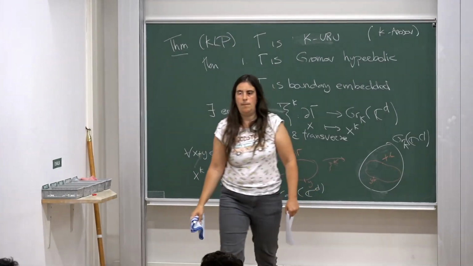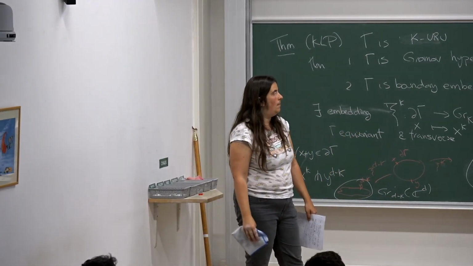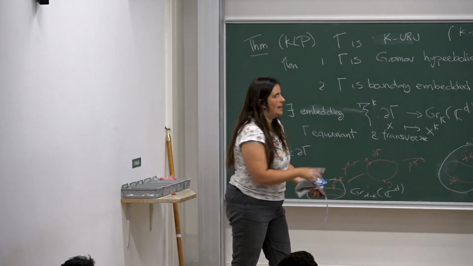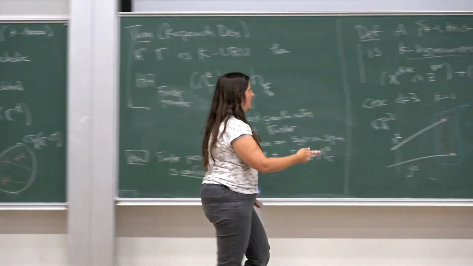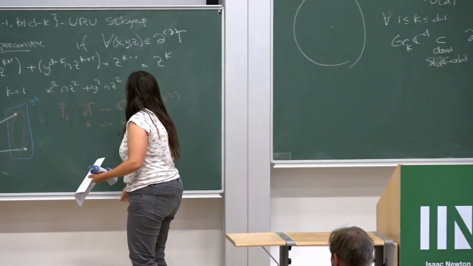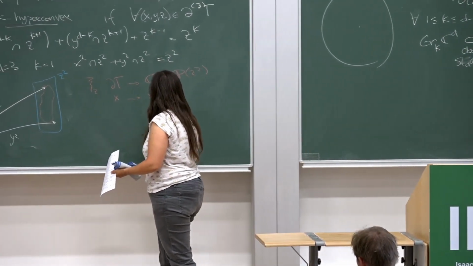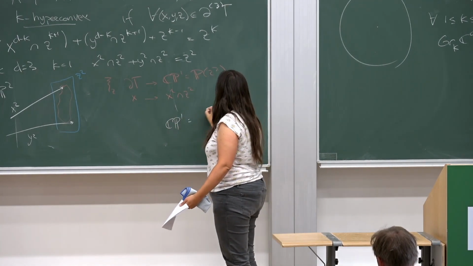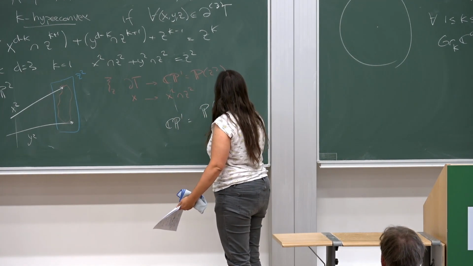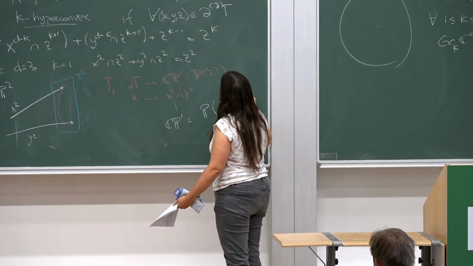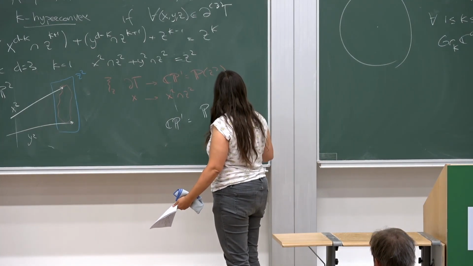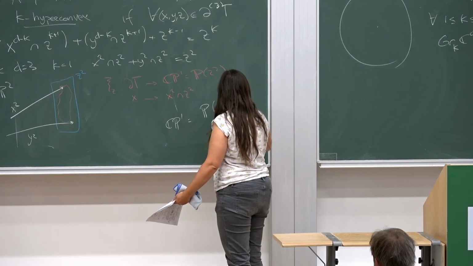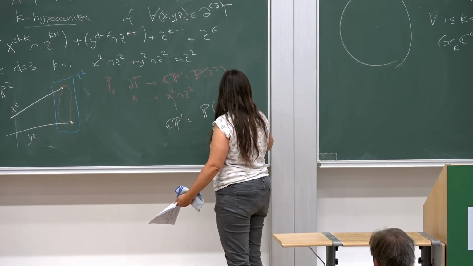Yep. Can you explain the general case? I mean, this was, for example, the case of PSL3. Right, that's the same. So the idea is that in general, I get the CP1, which is not really in the Grassmannian anymore, but it's the projectivization of Z^{k+1} over Z^{k-1}.